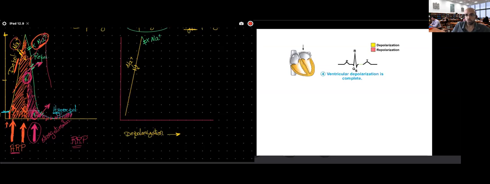If I depolarize, the muscle will contract. How about during repolarization? When I repolarize, I do what? I relax. Exactly.